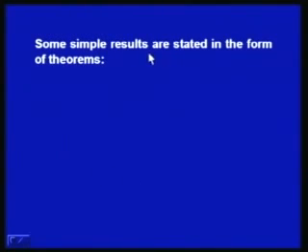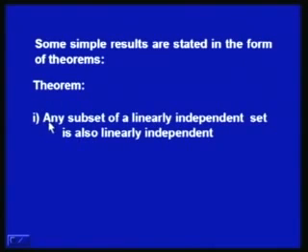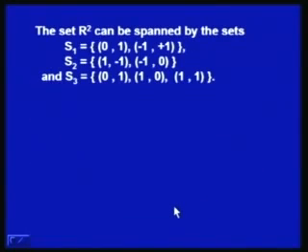Then some simple results are stated in the form of theorems. The first theorem is that any subset of a linearly independent set is also linearly independent, and the second is that any subset of a linearly dependent set is also linearly dependent. These are two exercises users can try themselves.